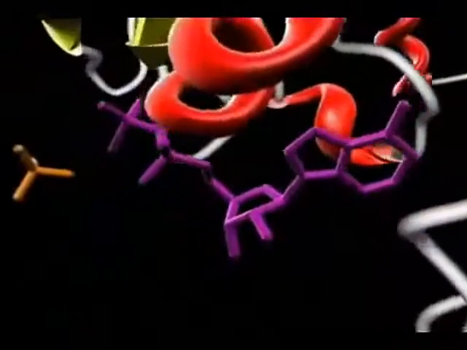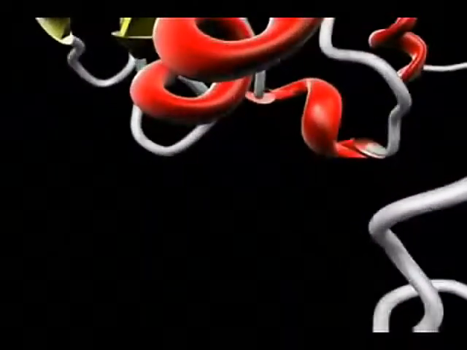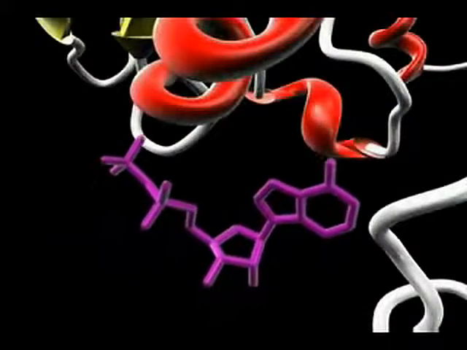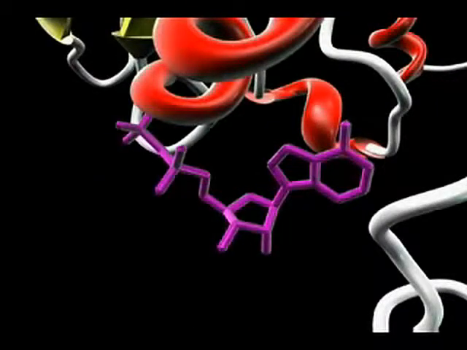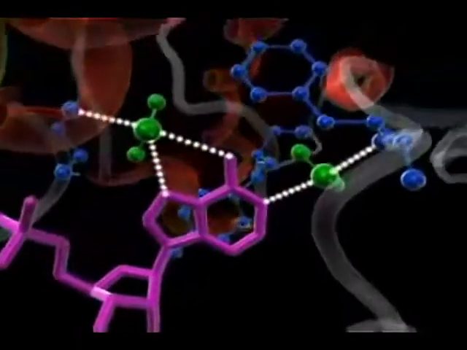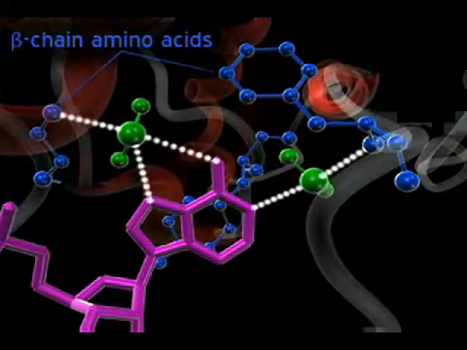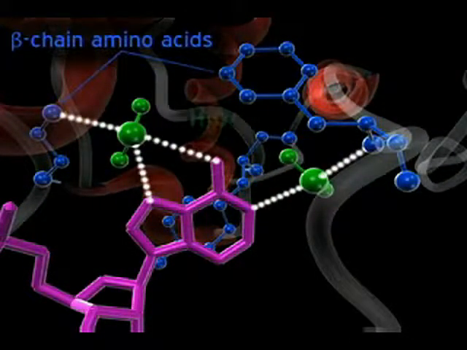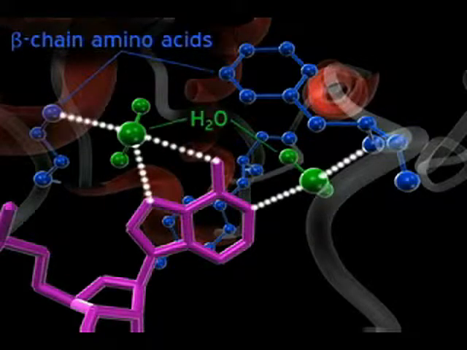To explore these reaction steps in greater detail, we are entering one of the 3 ATPase active sites, which are at the interfaces of alpha and beta subunits. ADP only enters the active site when the alpha and beta subunit atoms are in a particular orientation that favors its association. A host of hydrogen bonds among beta chain amino acids and water molecules stabilize the adenine substructure within the active site.